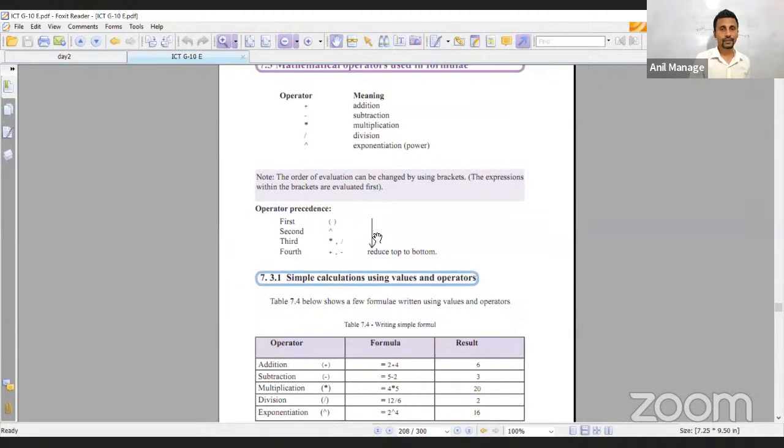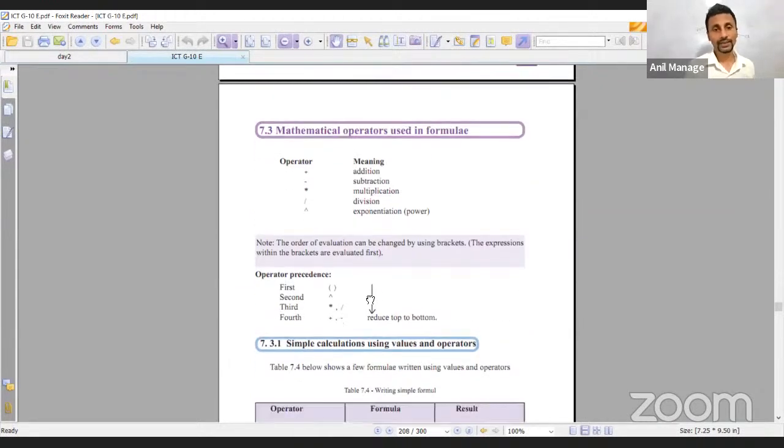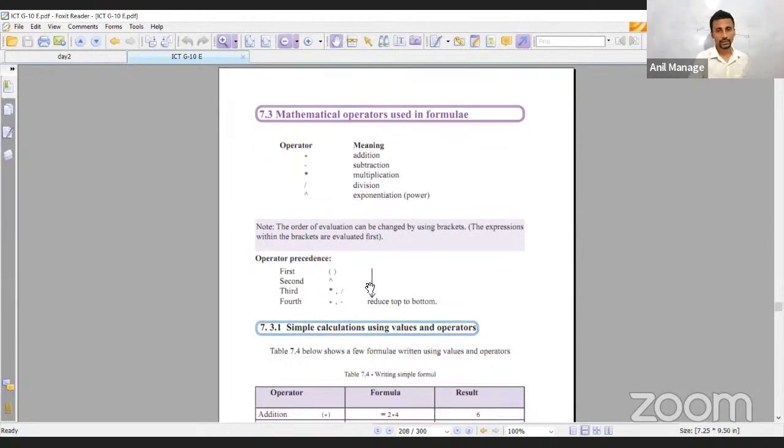Then you will be getting addition, these mathematical operators, and there's an operator procedure. Remember that, because sometimes you will be getting a small expression and asking what is the output. As an example, I'll type here 5 plus 2 into 3.